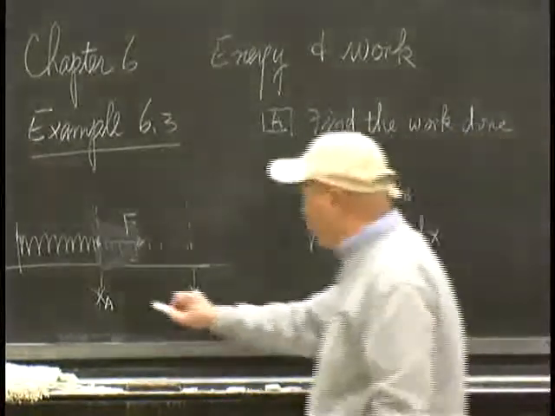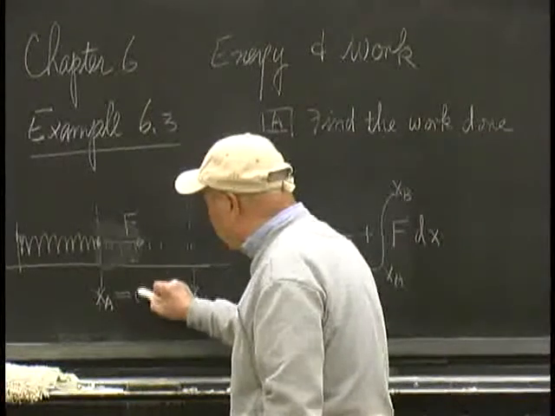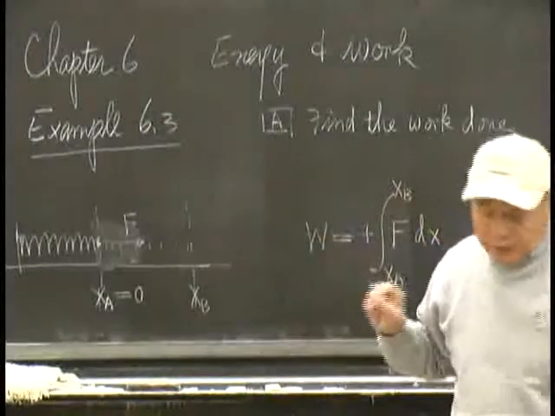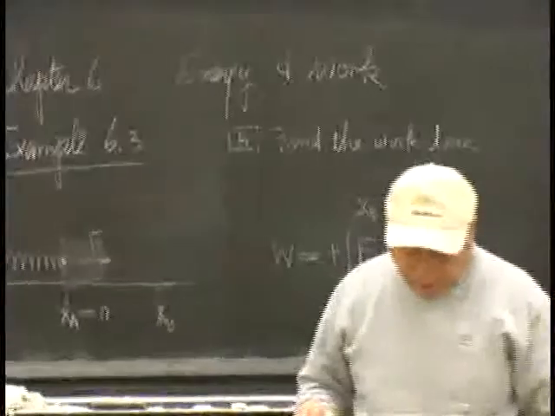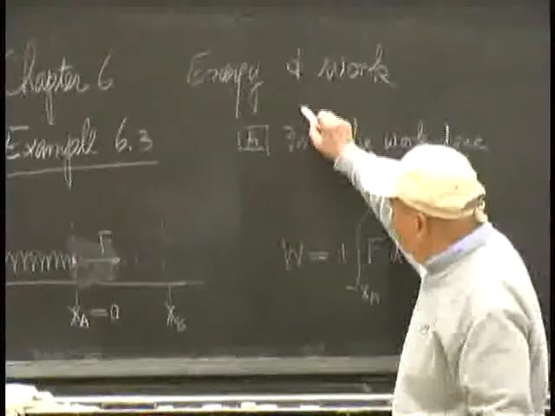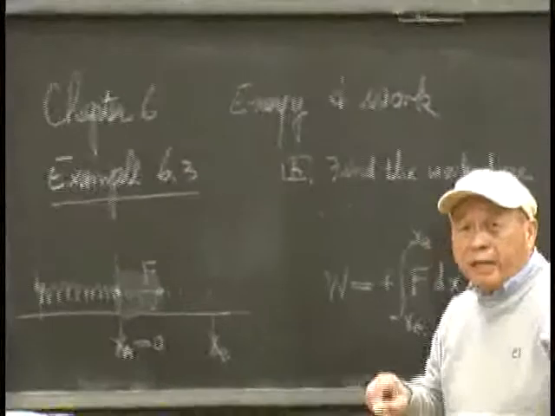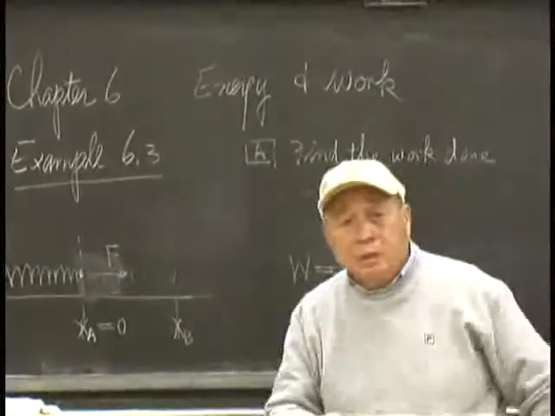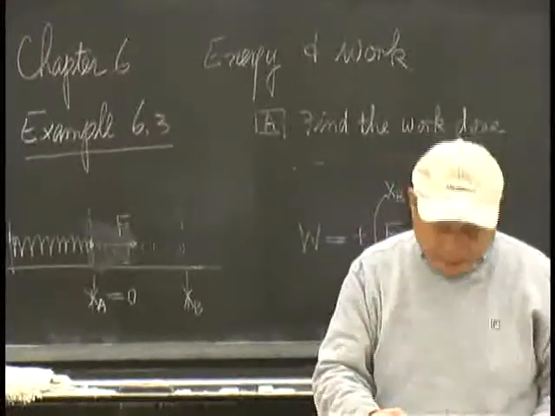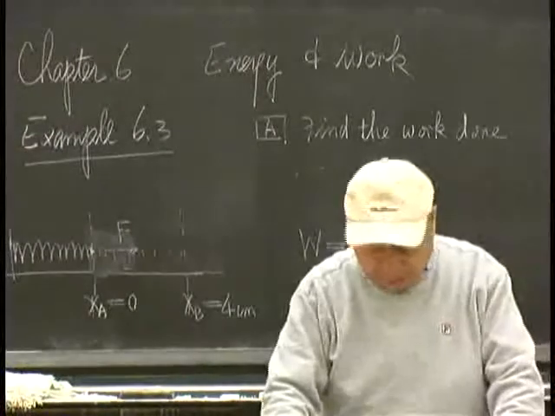Then you have written everything down, XA equals 0. This is considered a good diagram. On top of it, you say in words what I presented: the extension is 4 centimeters.